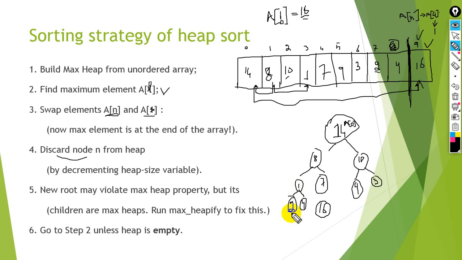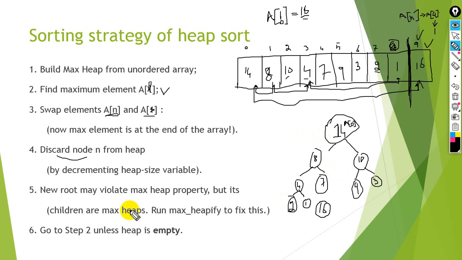So again the max heap rule does not apply here. Here, 4 is larger. So we should move 4 up and bring 1 down. So we swap 4 and 1. Here we will have 4 and here we will have 1. Now we can say this is the max heap.